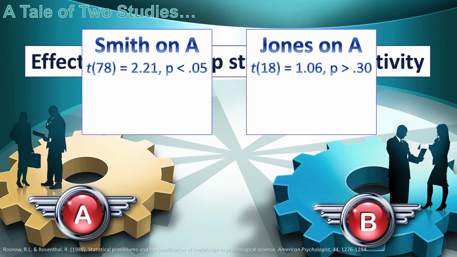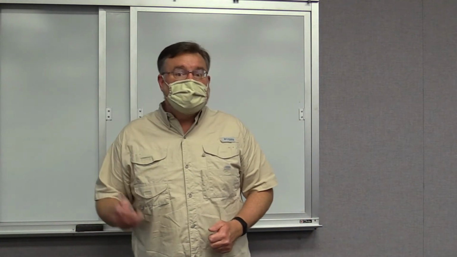T with 18 degrees of freedom, 1.06, P greater than 0.30. In other words, not statistically significant. So one researcher studies a program and finds there's a statistically significant difference. The other one studies the same program and finds out there's no difference.